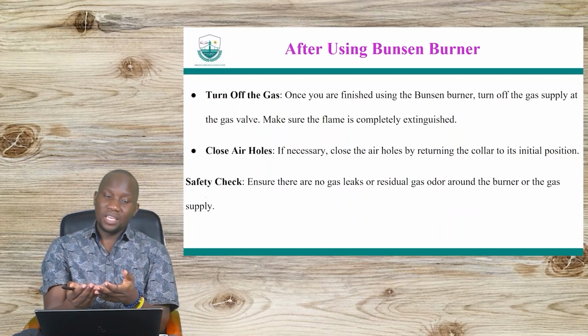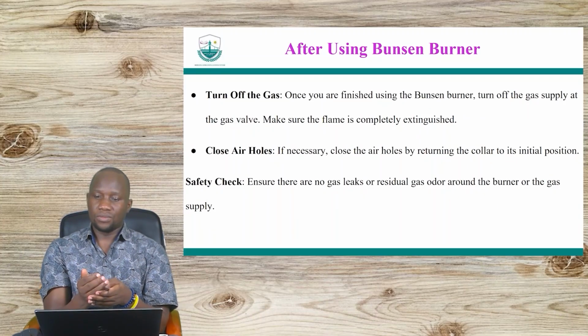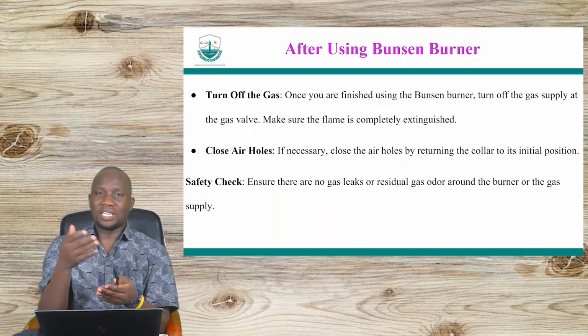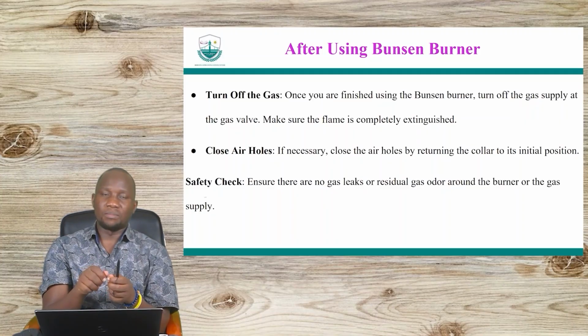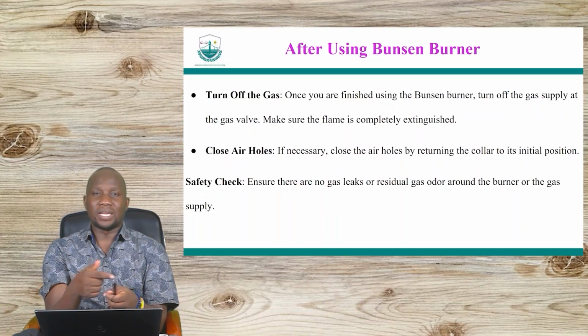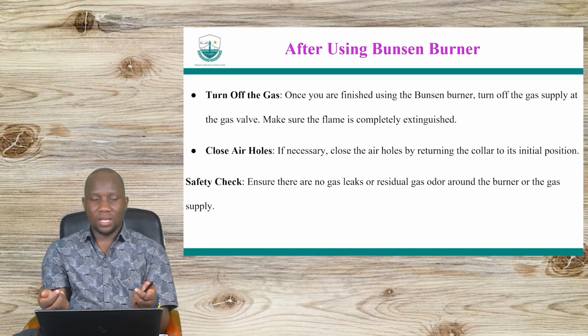And then after using it, turn it off. That is, turn the gas off. You don't want to let the gas just be wasted like that. Turn the gas supply off. Sometimes you need to disconnect the gas supply from the Bunsen burner as well. That's why when you are starting the Bunsen burner, you connect the tube first, because it was disconnected.